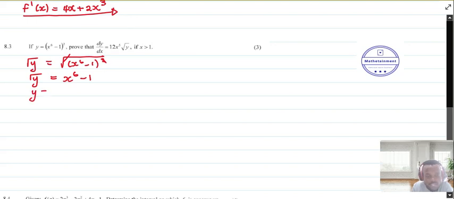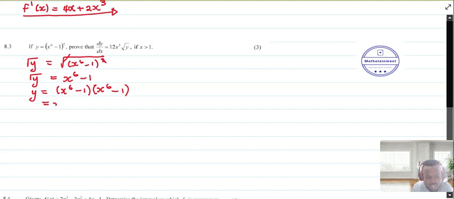So y is equal to, we know that this one is being squared, meaning you can expand it as x to the power of 6 minus 1 times x to the power of 6 minus 1. Okay? When you multiply the two, you see that it has the same base. What to do is to add their exponents.